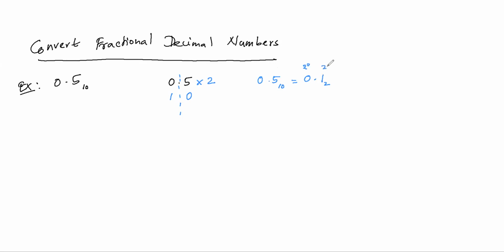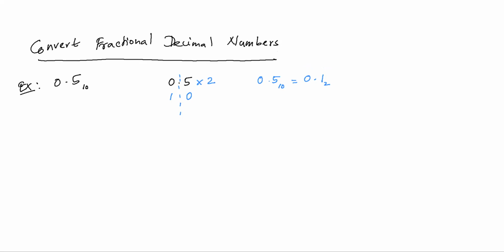This is 2 to the power minus 1. So 2 to the power minus 1 means half. Half means 0.5. So that's how we will convert fractional decimal numbers into binary.